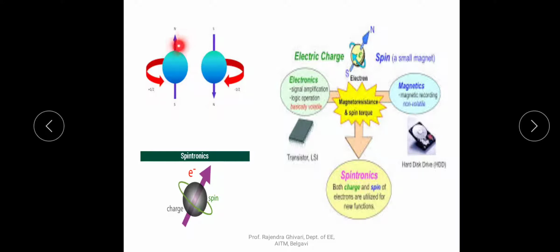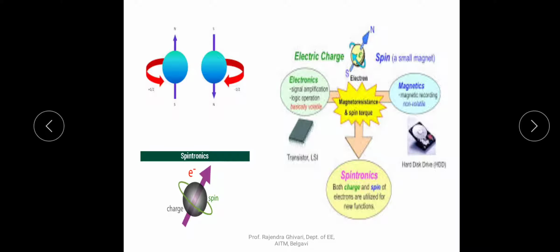This is how the picture has been given here. When the electron rotates in the clockwise direction, the magnetic field is created in a downward direction. If the electron rotates in the anti-clockwise direction, the magnetic field is created in the upward direction. So it creates a magnetic field with a north and south pole.